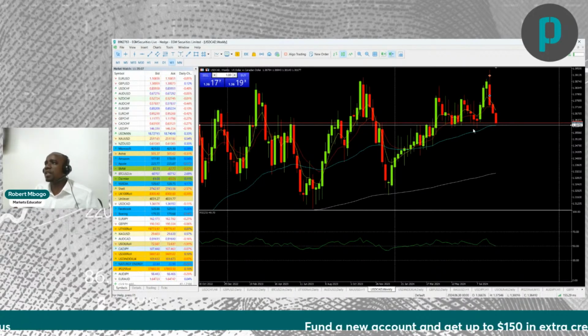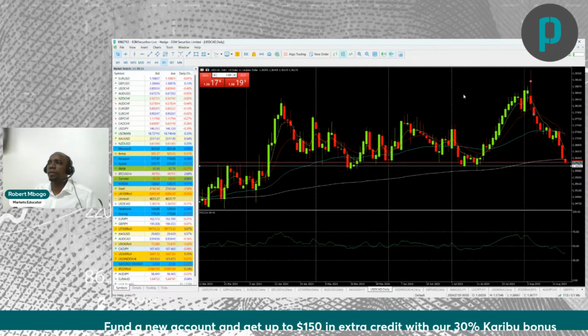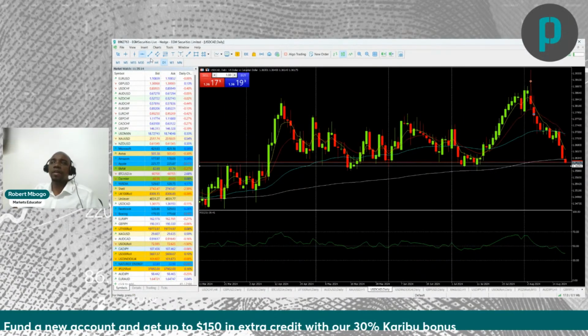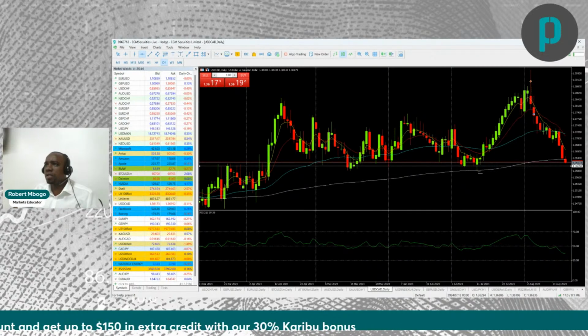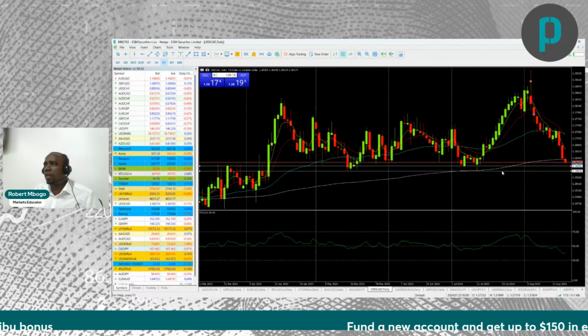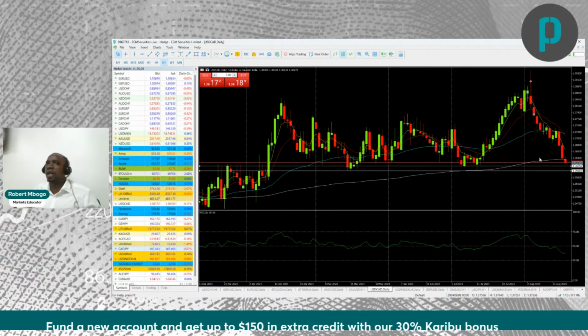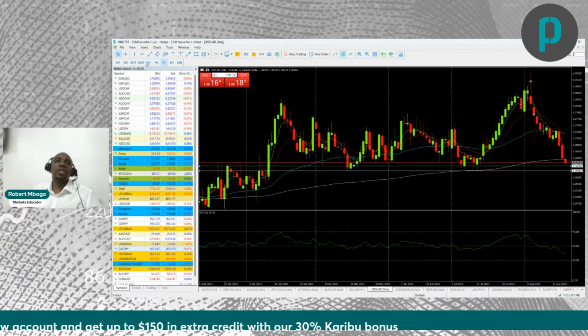So we have that at 3605, and then on the daily, we've also seen another area that we could map out, which is last month's low, 3587, right? 3587. So those are potential areas.